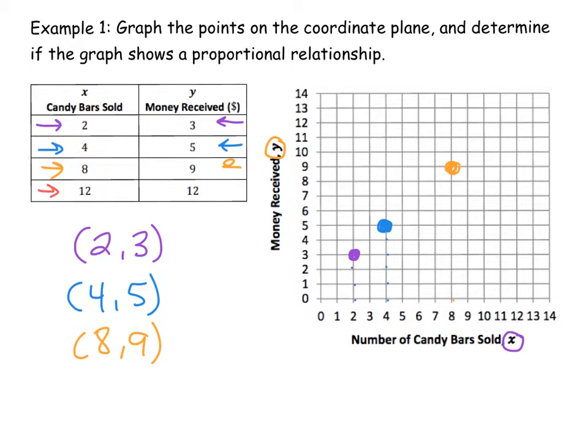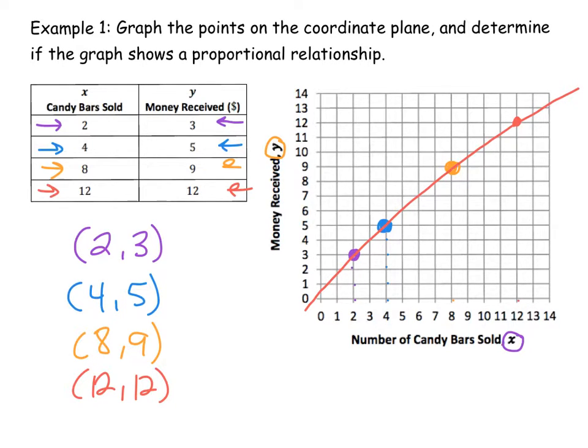And then last but not least, we have the point 12, 12. So you go over 12 and up 12. And then what we need to do is connect our dots. So if I would draw a line through these dots, it would look something like this.